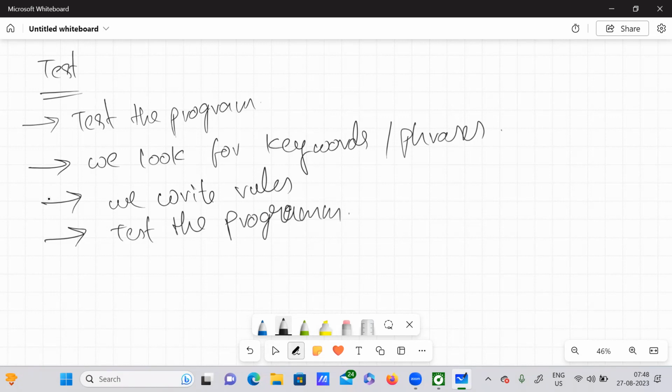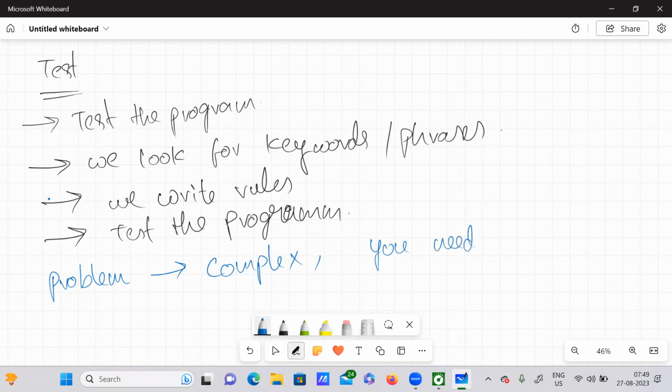But here the major challenge is, what if our problem is so complex? Then what happens? You need to write complex and large rules.